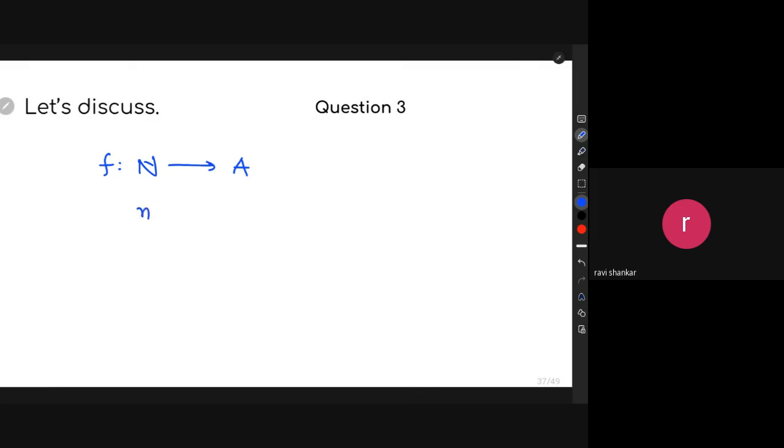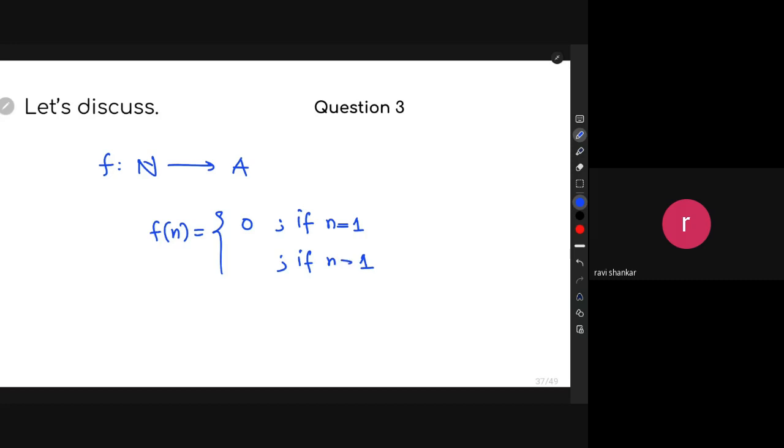You say f of 1 is 0, and for n greater than 1, I define f of n to be 1 over n minus 1.